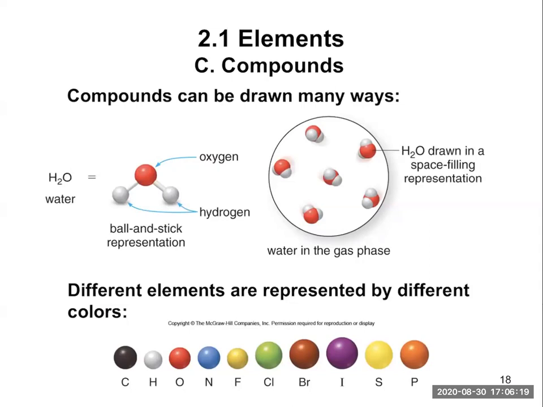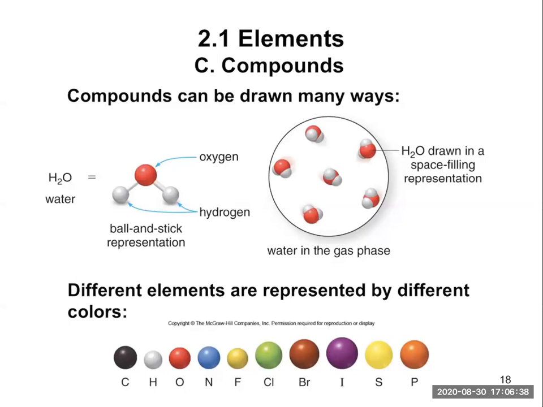In chemistry, we usually use colors to identify certain elements. You don't have to memorize this, but it's useful to recognize that for us, black means carbon, white means hydrogen, and so on.